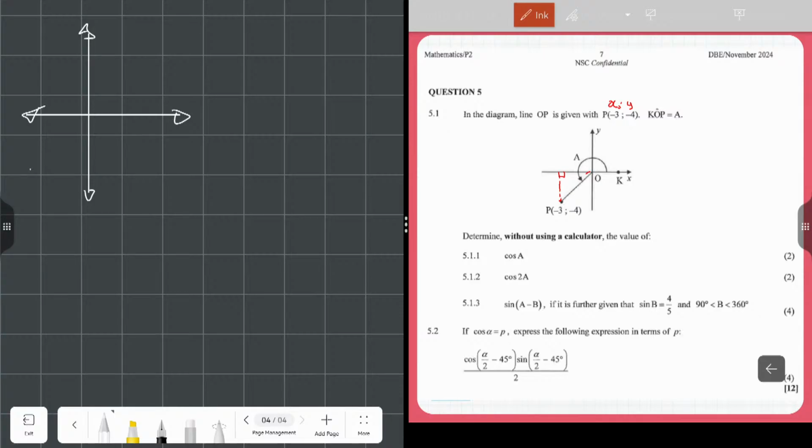In your answer book, you would already have this drawn. So what you're going to do is just draw your Cartesian plane, which is already given to us.